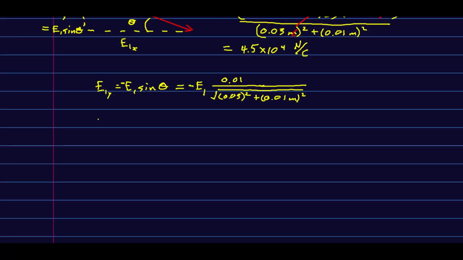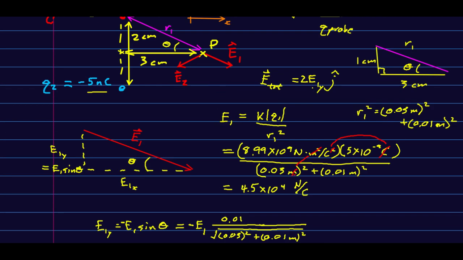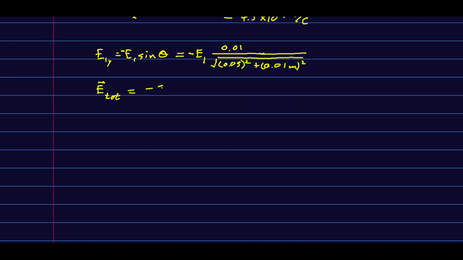And so finally, our E total, we already know, is just going to be 2 E1y j. So negative 2 E1, all of this stuff, which I'm not going to write out again, j hat.